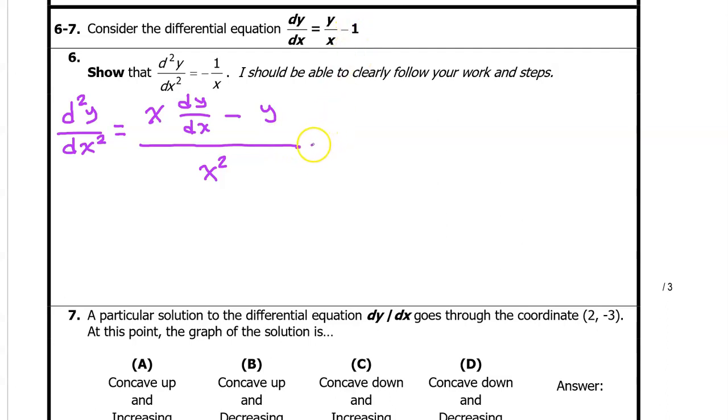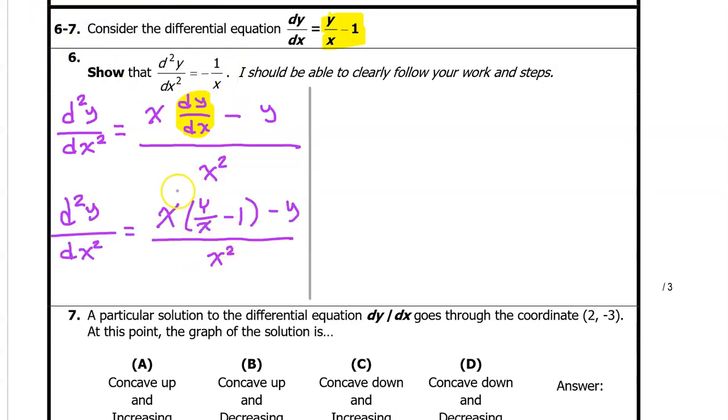When I take the derivative of 1 with respect to x, that's going to just be 0. So we write nothing. Now I need to substitute. We have this dy dx right here, but we know that dy dx is supposed to equal all of this. So let's make that substitution and see if we get negative 1 over x.